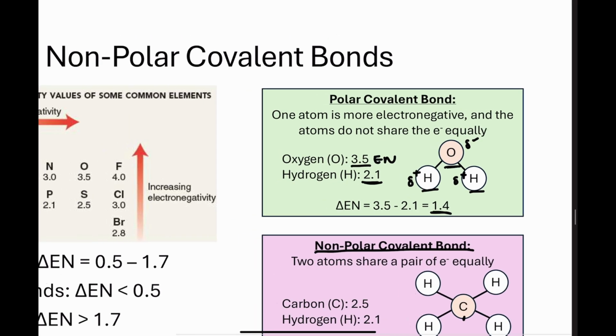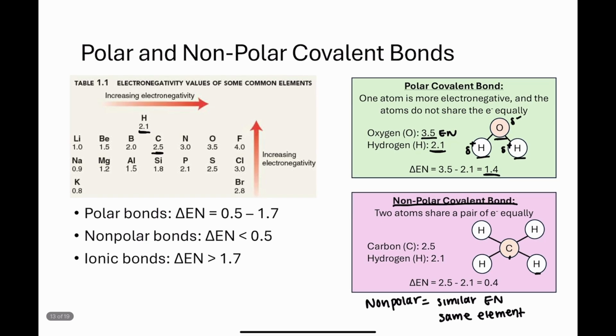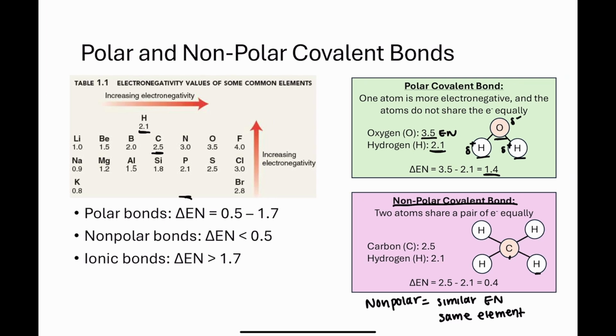Basically, bonds are just classified as polar and nonpolar depending on the difference of their electronegativity. We can actually calculate it mathematically, which is when this chart is going to come in handy. But this is out of the scope of our class, so please don't memorize any of these values.